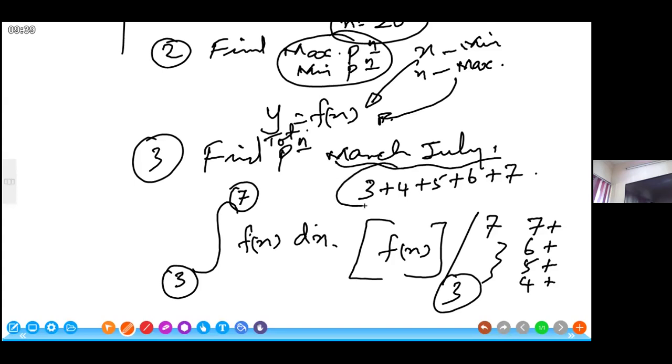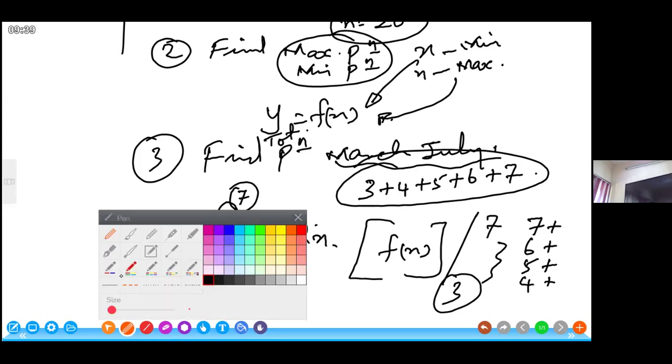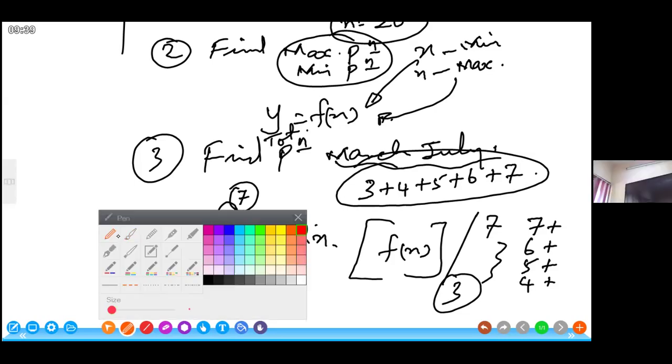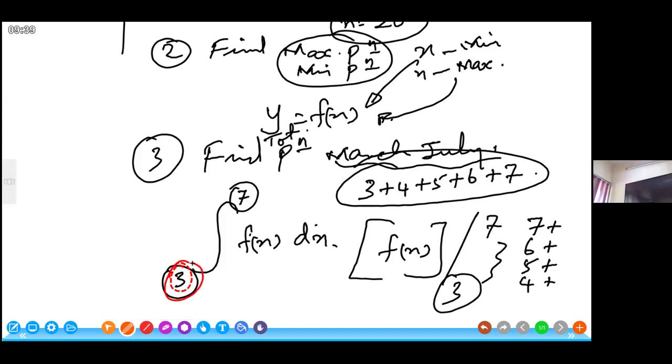But originally I need 3rd month also to be included in the calculation. So what should this value be then? That should be 2. So this value should be 2, and you integrate the function from 7 to 2.